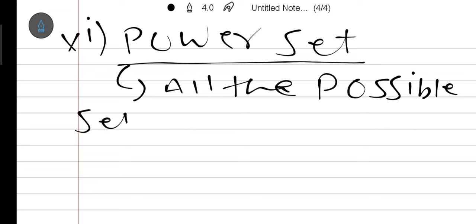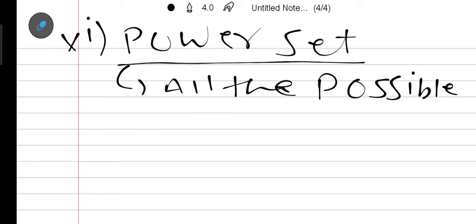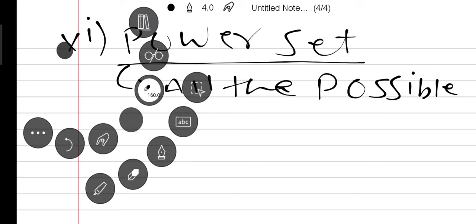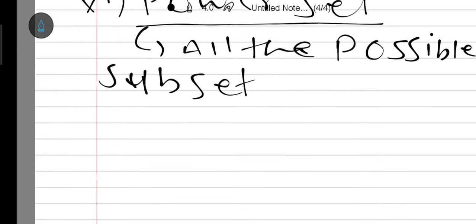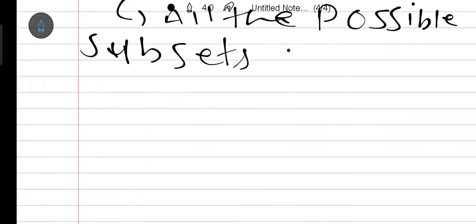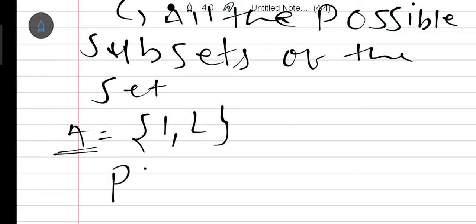All the possible subsets of a set. If I have been given a set A equal to 1 2, then all the possible subsets of this set will be called the power set of A. It is denoted by P(A).